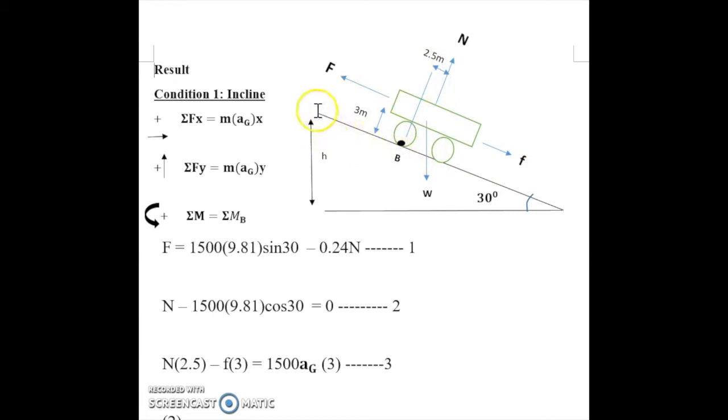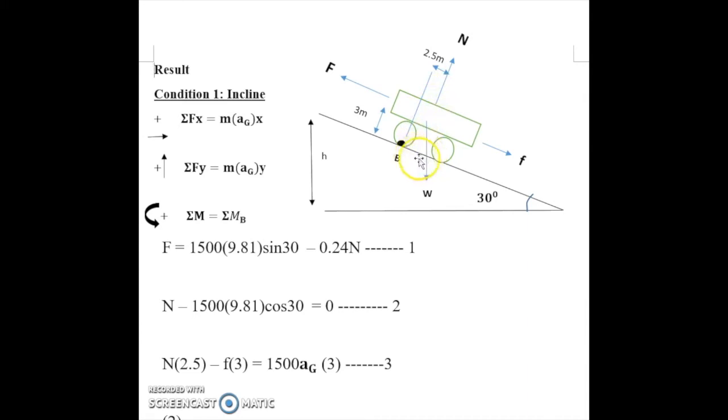Now you can see on the free body diagram, there is a slope here, and the slope is 30 degrees up from the ground. This 30 degrees is the same as the angle between W and also N, if we elongate this force.